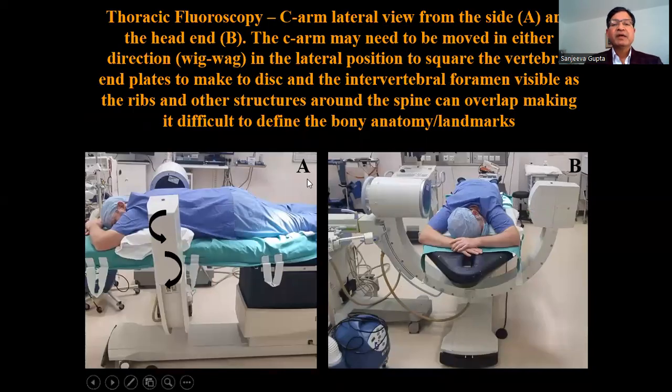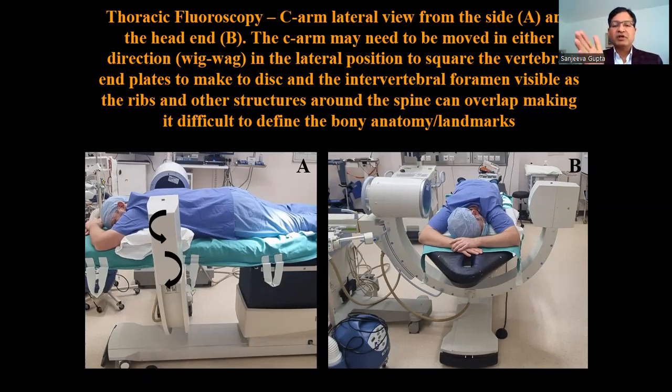In the lateral view, it's important, especially at the thoracic spine level where there are ribs and the lung shadow, you may not be lucky enough to get a true lateral view immediately. So you may need a bit of a wig-wag, as I said earlier, moving the C-arm in this direction or that direction to square the intervertebral discs, and that will improve the visibility of the intervertebral foramina.